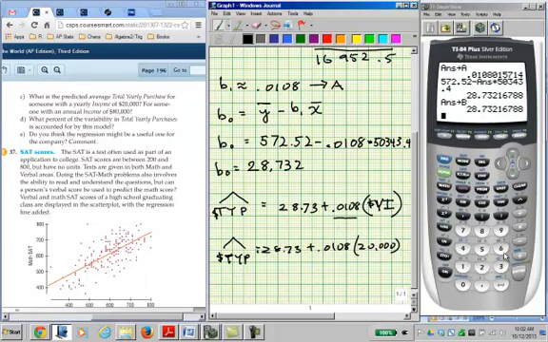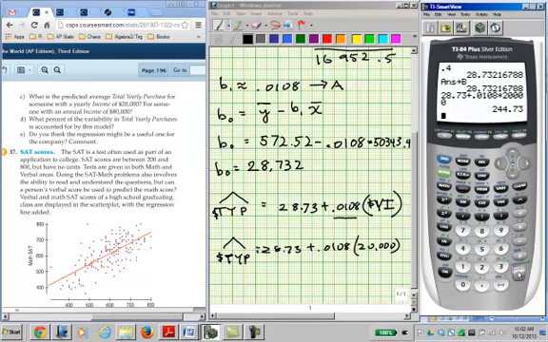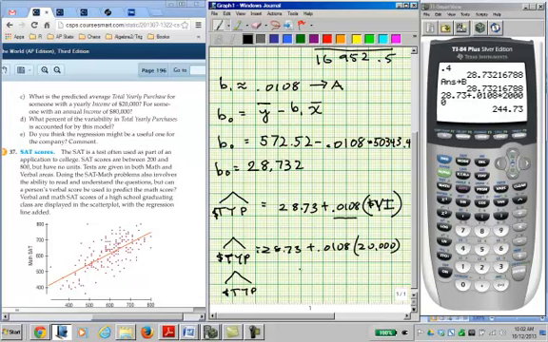So that gives 244.73. So the estimated total yearly purchases of someone with an income of $20,000, which obviously isn't very much money, is about $244.73.